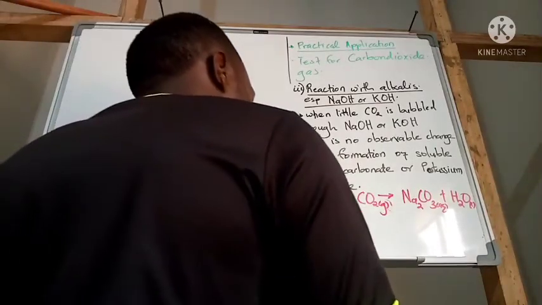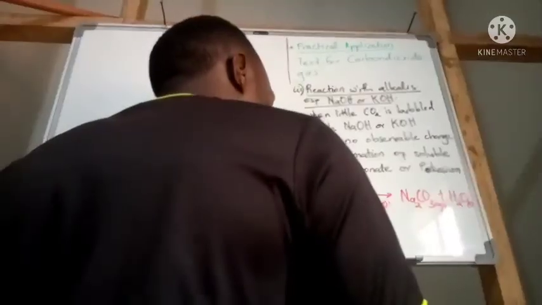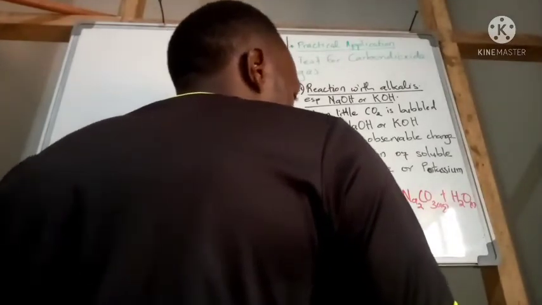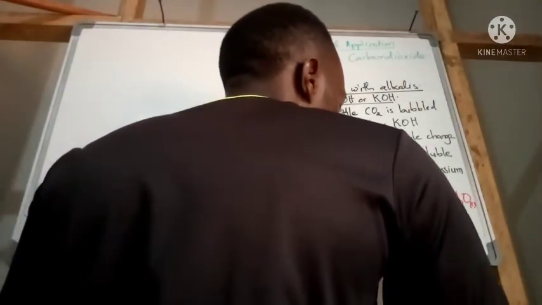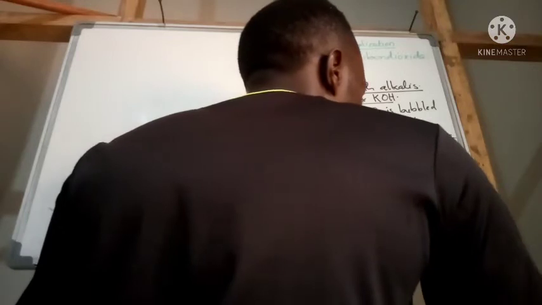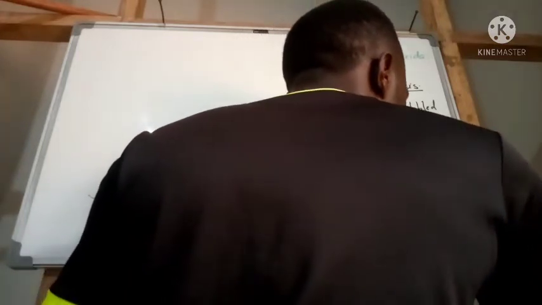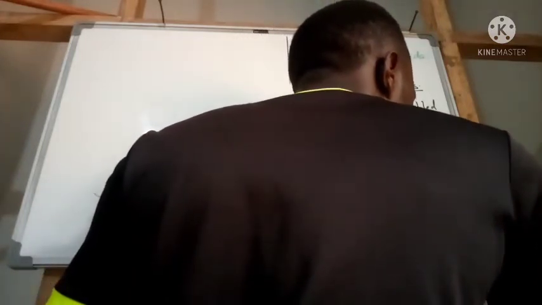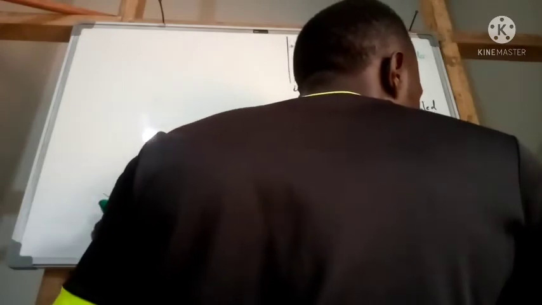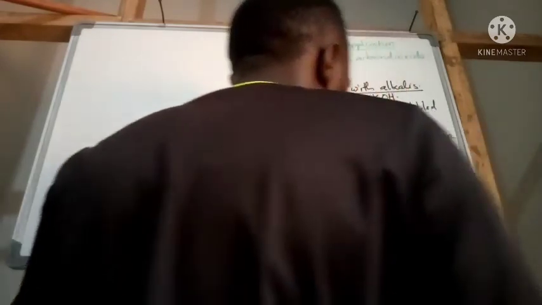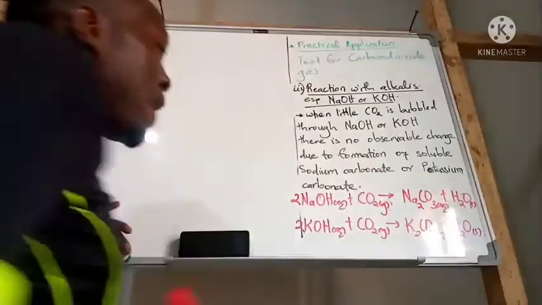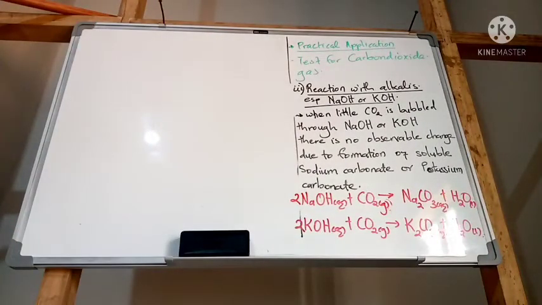If it is potassium hydroxide reacting with carbon dioxide gas, we are to form potassium carbonate, which is also soluble, plus water, which is a liquid. The same values balance the equation.